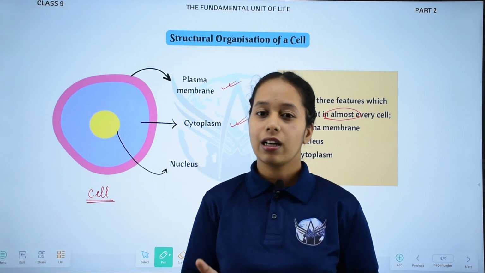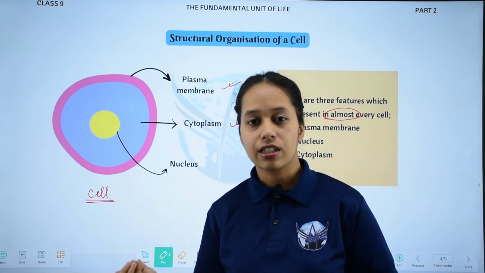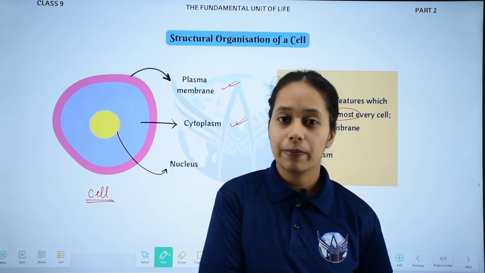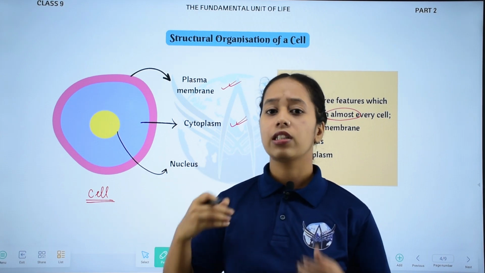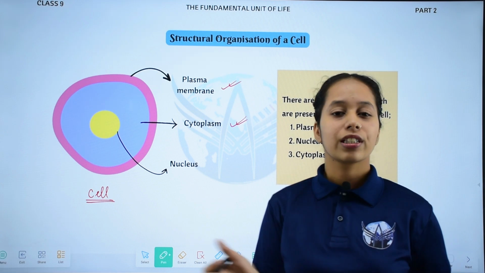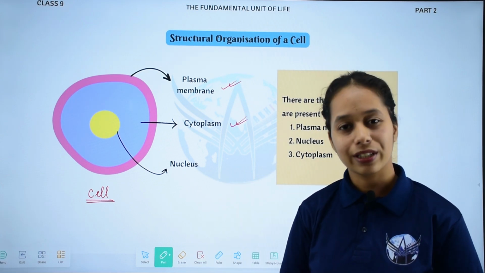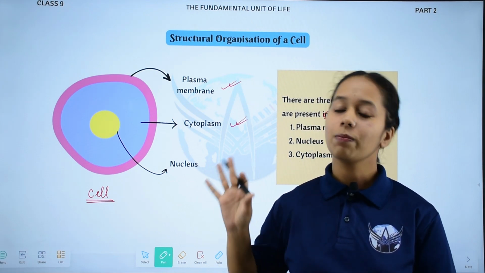You don't need to worry about their definitions, what they do, where they are present, in what kind of cells they are present, or whether there are any cells where we will not find these features, because we'll be discussing these 3 in detail. In today's class, we'll simply be focusing on the plasma membrane.